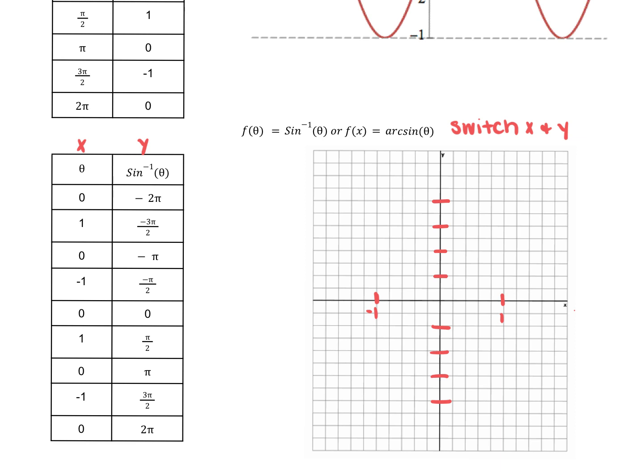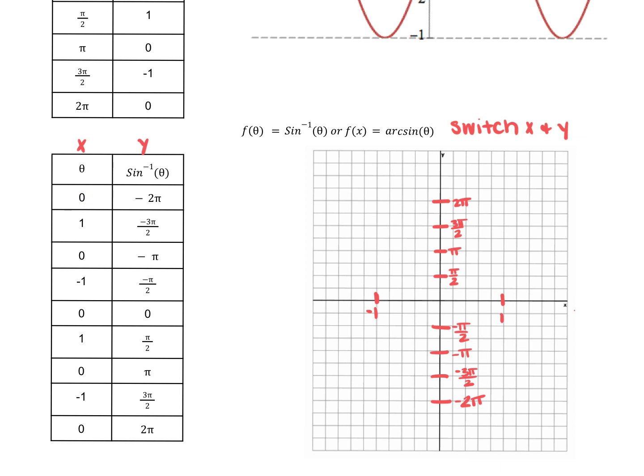So here will be positive pi over 2, positive pi, 3 pi over 2, and 2 pi. And then we'll do the same thing in the negative direction. So negative pi over 2, negative pi, negative 3 pi over 2, and negative 2 pi. Now, once you have all of that done, we can start graphing. So if you need to pause the video, now is a good time to do so.